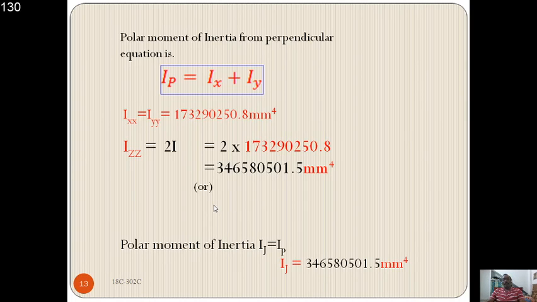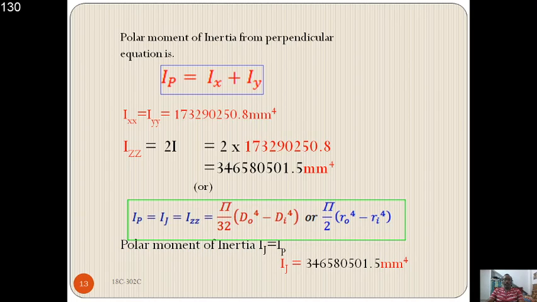And you can also minimize this entire procedure by using the simple direct formulas. This is the formula of the polar moment of inertia of a hollow circular section. Use this formula directly to obtain the polar moment of inertia.